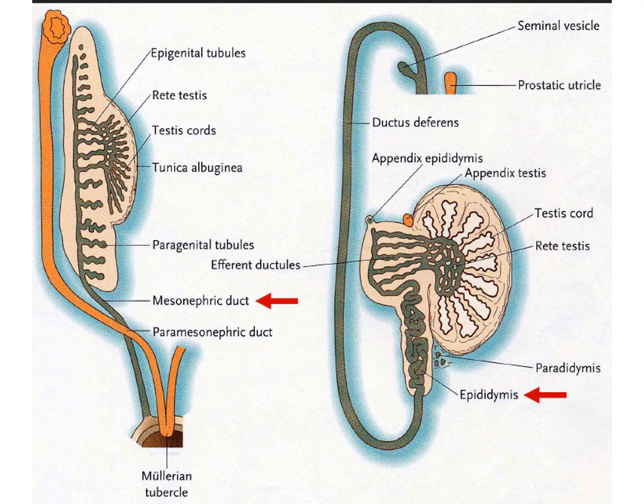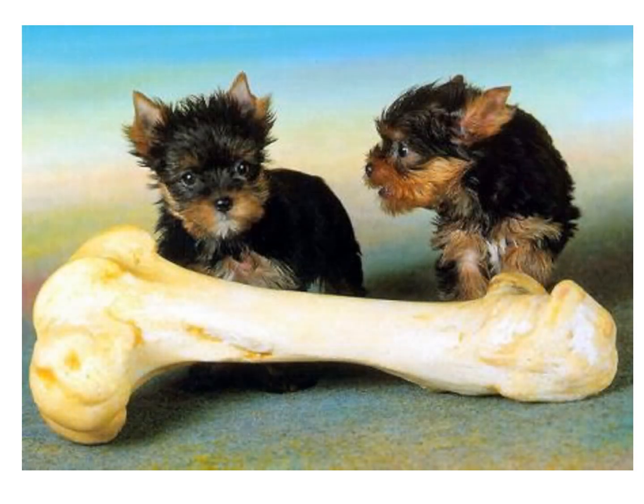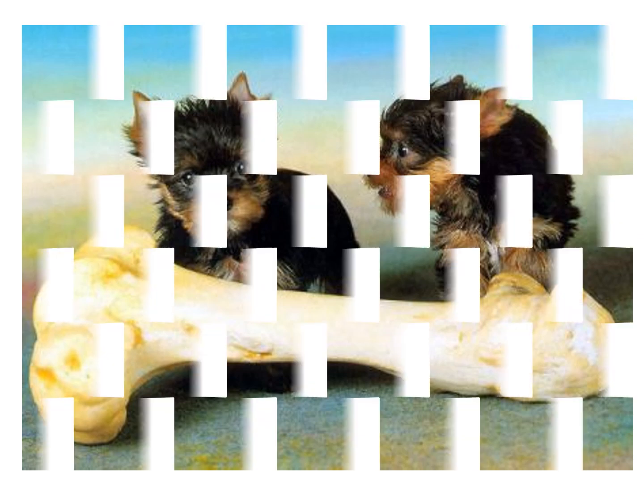Okay, efferent tubules, epididymis, vas deferens, and the seminal vesicle and prostate. Okay, this is for the first part, which is the ducts and the glands of the male and the female.